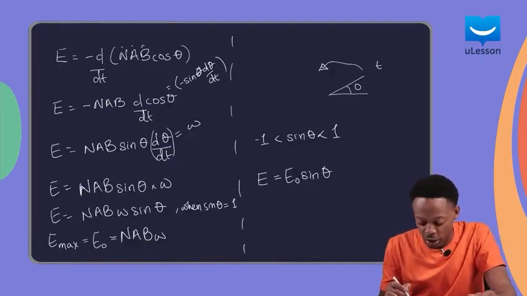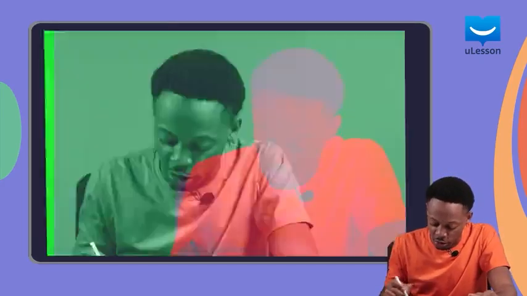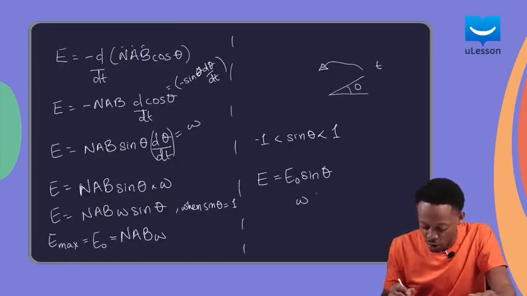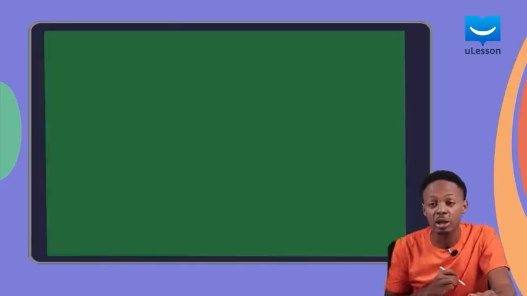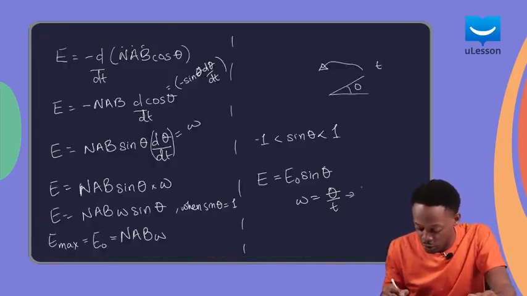But another way of looking at this is because we know that omega is equal to the angle covered divided by the time taken. So theta can also be written as omega times t.